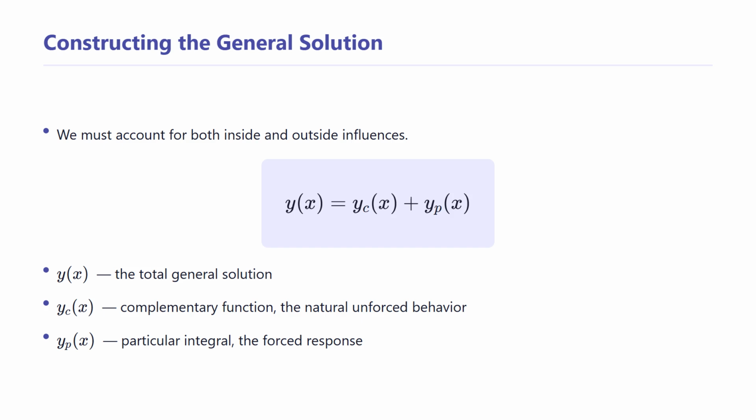This represents the natural, unforced behavior of the system, as if the external force was zero. The second part is y sub p, called the particular integral. This is the specific mathematical solution that satisfies the external force. To get the full picture of how the system behaves, we simply add the natural response and the forced response together.